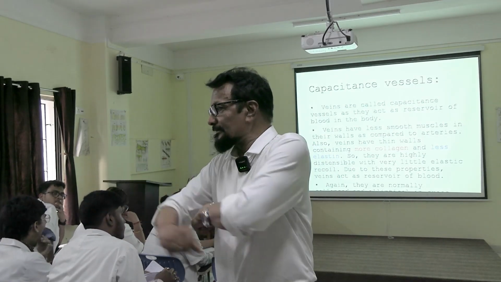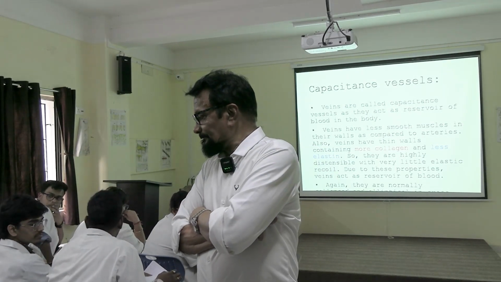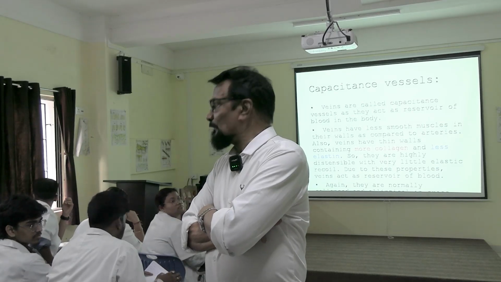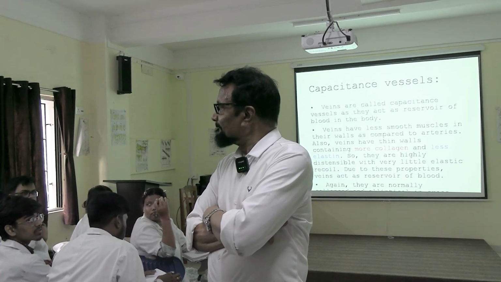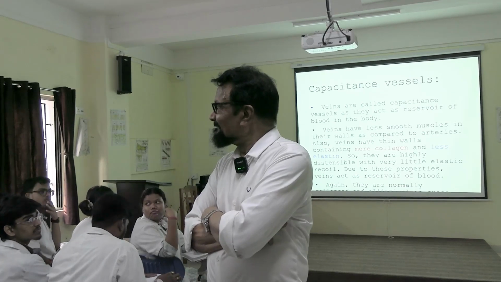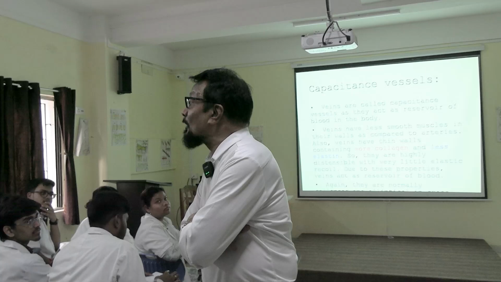Why are you saying the venous system? Veins act as reservoirs because they are distensible but they do not contract elastically. Very right. That's why they are called capacitance vessels.